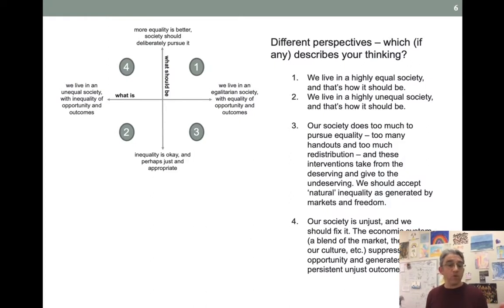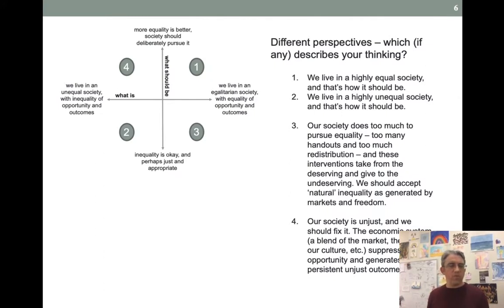And then in the upper left-hand corner, the view here is that society is unjust and we should fix it, that we have inequality and that's something that's wrong. The economic system, perhaps the market, the state, our culture, a blend thereof, suppresses opportunity and generates persistent, unjust outcomes. That's the characterized view in the upper left-hand corner.